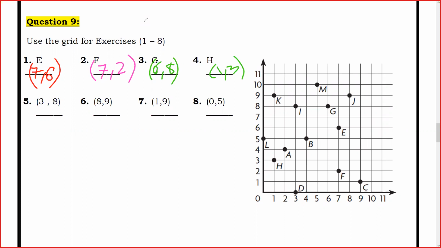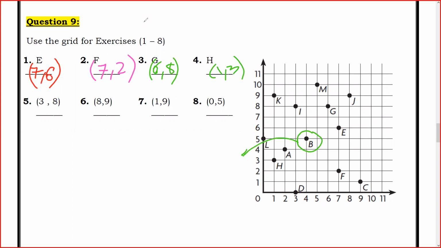Look at me. Now, here we have a point, and the point is on the grid. Each point has a location. How can I know where the point is located? I will look at point B as an example.